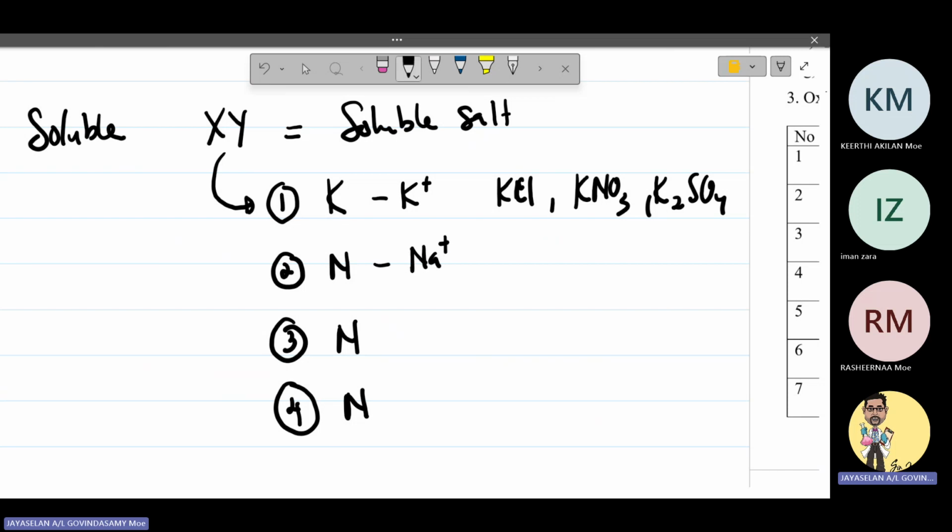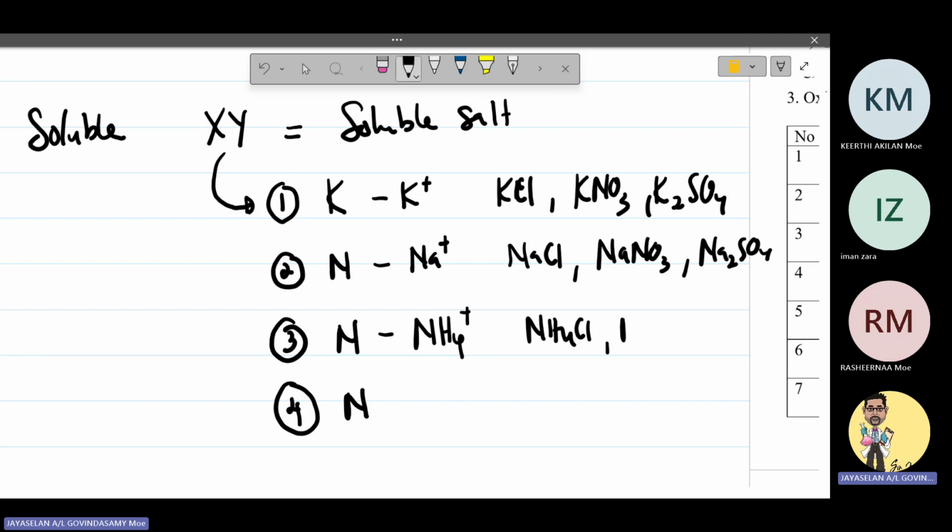K N N N, right? So if sodium ion is present in the salt, that salt is soluble. Sodium chloride soluble, sodium nitrate soluble, sodium sulfate soluble because sodium is there. Okay, any question? One more ion is ammonium ion. Ammonium chloride soluble, ammonium nitrate soluble, ammonium sulfate soluble.